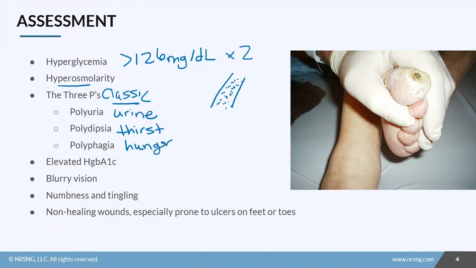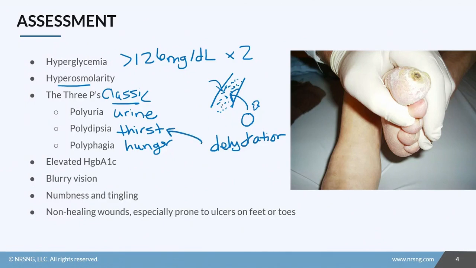Basically, this osmolarity builds up and fluids are going to start to shift into the bloodstream to try to balance out this concentrated solution. So whereas a cell normally would have some fluid in it, now all that fluid's going to disappear and the cells are going to shrivel up. You're going to see cellular dehydration. Hence, that's why they are thirsty, right?